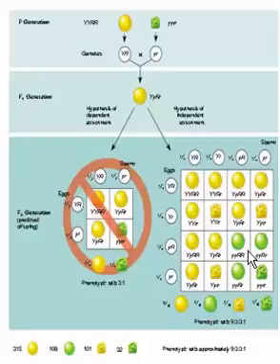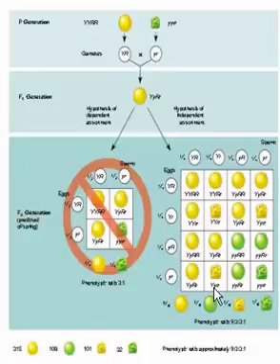Therefore, if we go back and ask what's the probability of getting a yellow smooth, it would be 3/4 times 3/4, which is 9/16. If you go through and count yellow smooth, I've got 1, 2, 3, 4, 5, 6, 7, 8, 9. 9 of the 16 squares are smooth and yellow. If you look at the probability of getting yellow and wrinkled, that would be 3/4 for yellow, 1/4 for wrinkled, which would be 3/16.